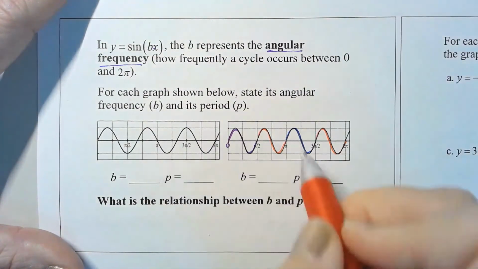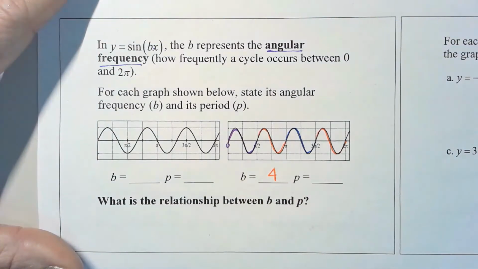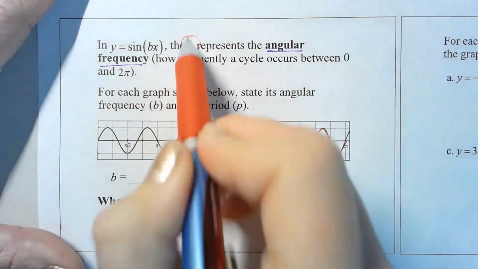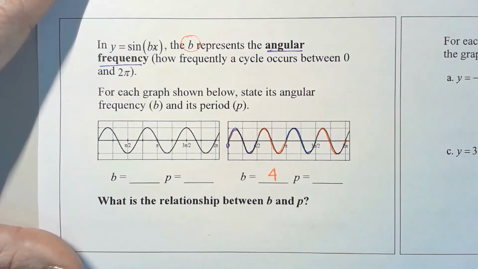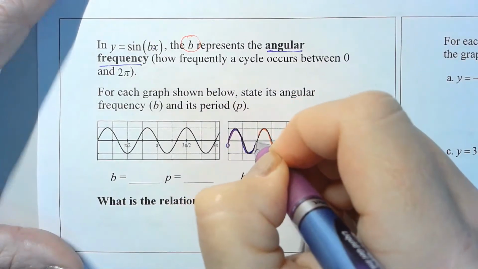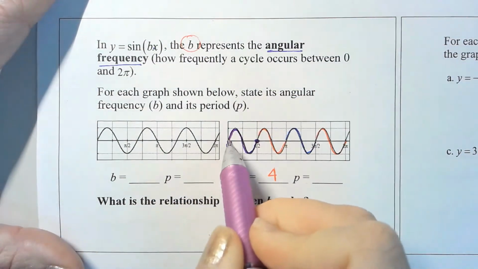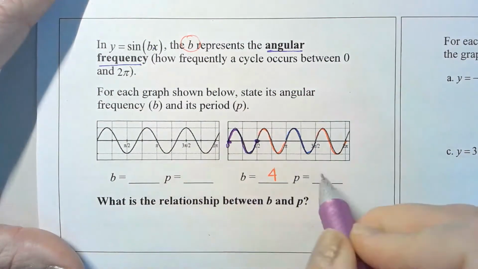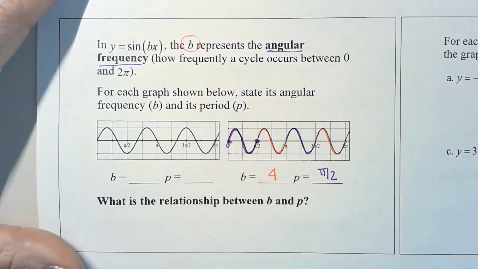So I was able to fit in 4 graphs, which means my angular frequency is 4. The period length, however, is just how long did it take to do one of those cycles. This graph started at 0 and it ended at pi over 2.